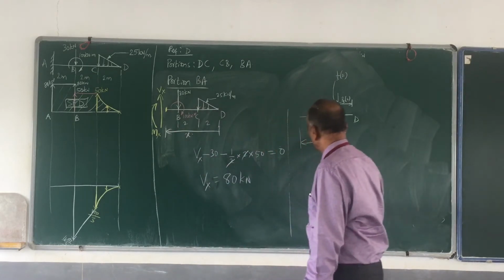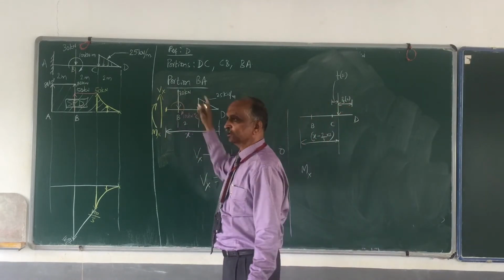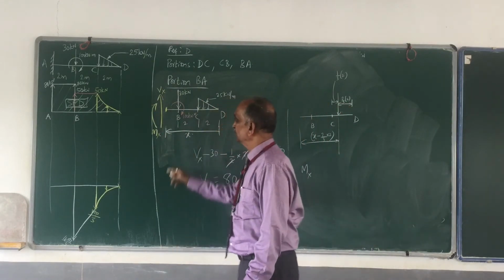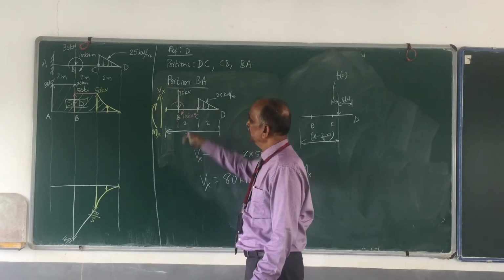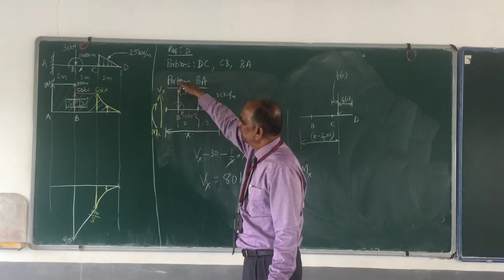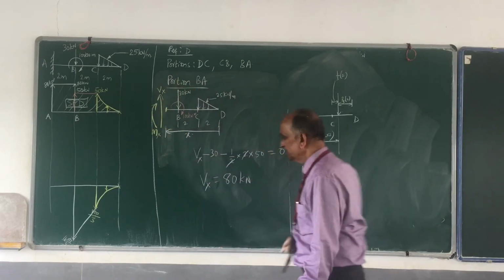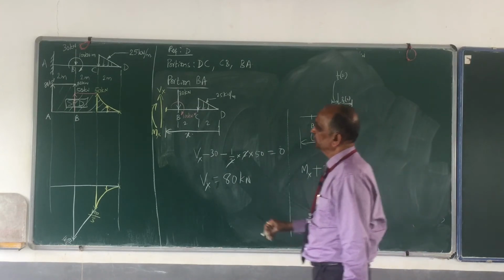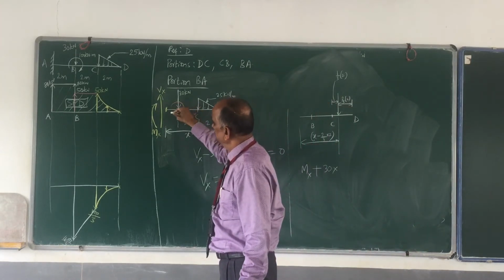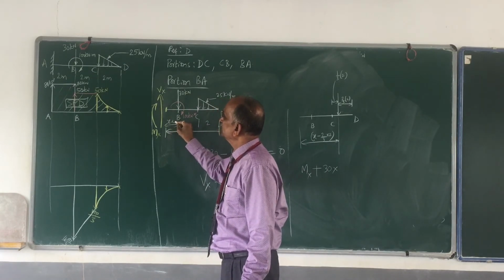So I shall start here, Mx, with clockwise moment positive. Vx, at the same section, shall not produce any moment. Then the moment due to 30 kilonewton about this section is also clockwise, therefore it is plus 30 multiplied by the distance. What is the distance? This is x minus 4.